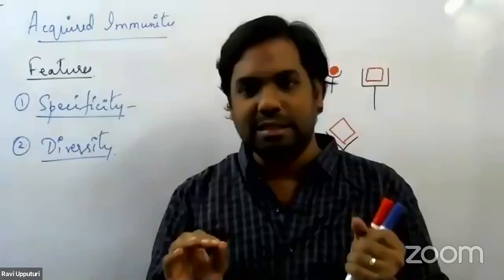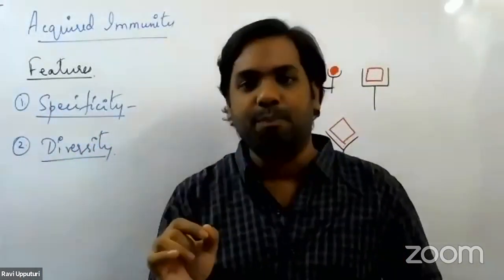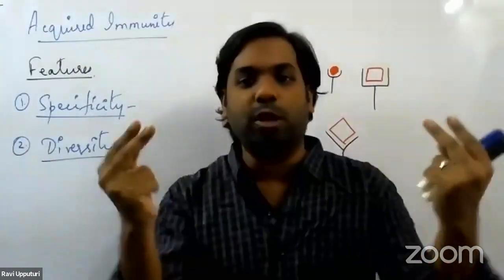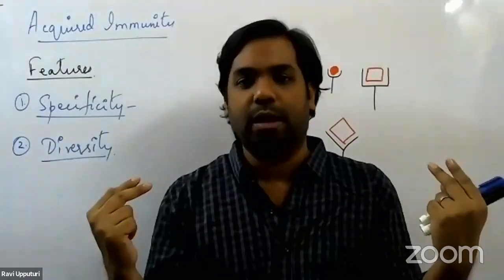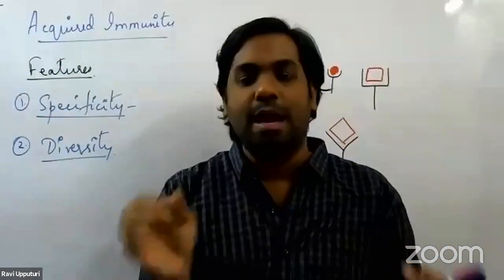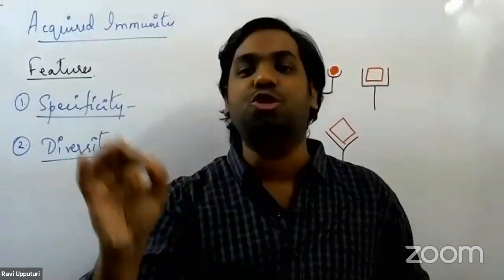Right? One of the scientists said that the diversity of the acquired immune system is so much that if there are two foreign protein molecules entering into our body, our immune system will be able to identify differences even in a single amino acid change.